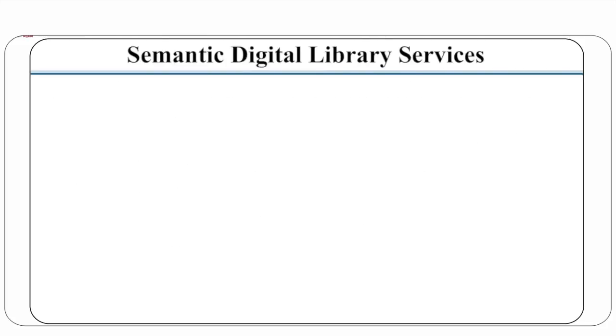The major goals of a semantic digital library is to integrate information related to digital library objects available from various sources like bibliographic descriptions, user profiles, bookmarks, controlled vocabulary, among many others.